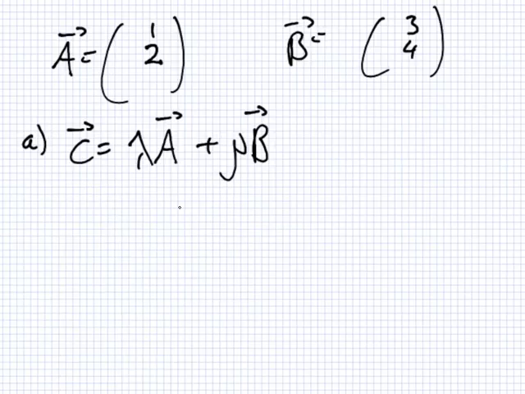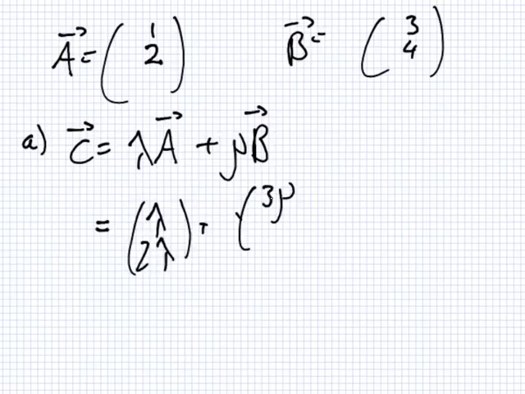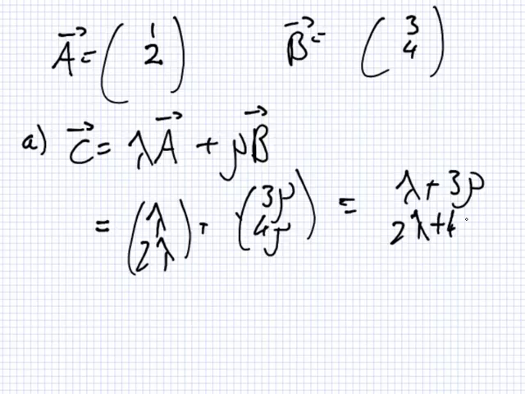Yep, okay, we'll do that first. And what's c, by the way? c is the one we find. Oh! I didn't give you c. Of course not. Sorry. So yeah, substitute. So we have lambda, 2 lambda, plus 3 mu, 4 mu. So that's lambda plus 3 mu, 2 lambda plus 4 mu.